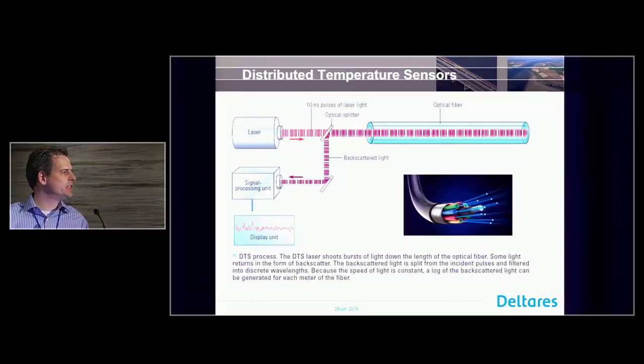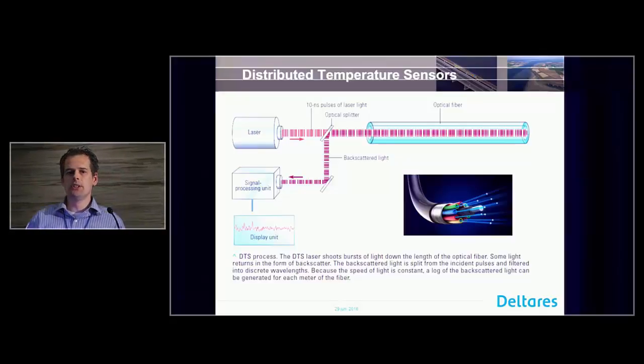Another innovation that we've been using a lot for measuring temperature is glass fiber sensors, distributed temperature sensors. The way it works, there's a laser sending a light signal into the cable, and it's backscattered, and that's measured here.